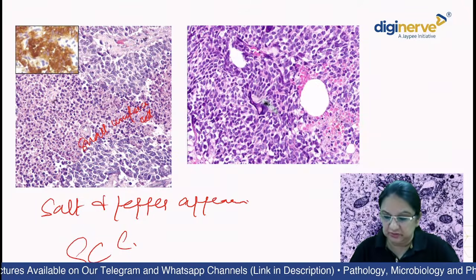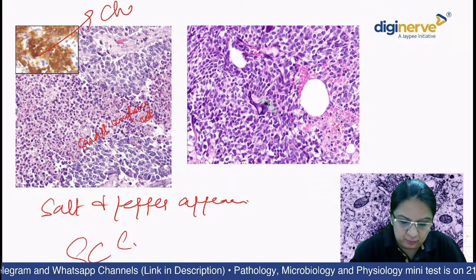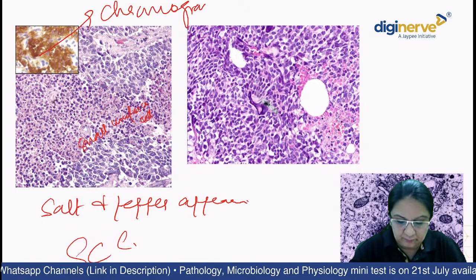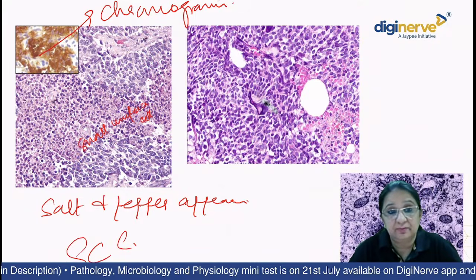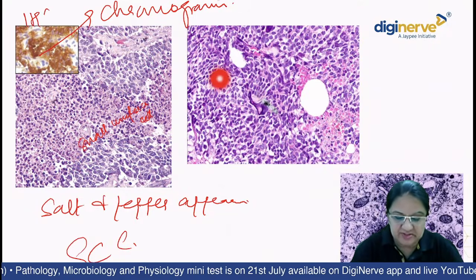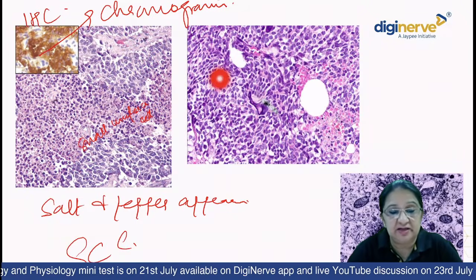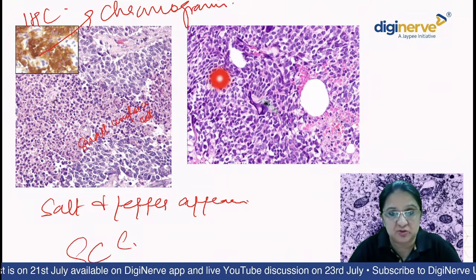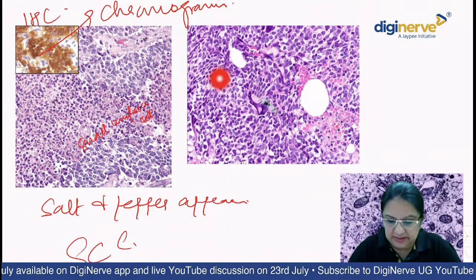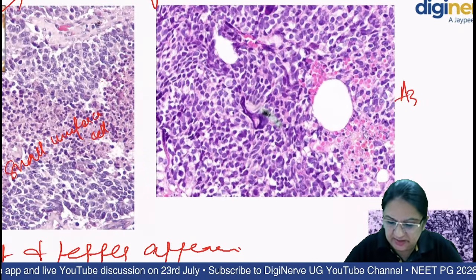And the cytoplasmic granules are positive for chromogranin. Wherever you see this brown stain, what is this slide? This is an immunohistochemistry slide, IHC slide. Any IHC slide, the stain is brown colored. Please note that, right? And then you have some Azzopardi effect. What is Azzopardi effect?